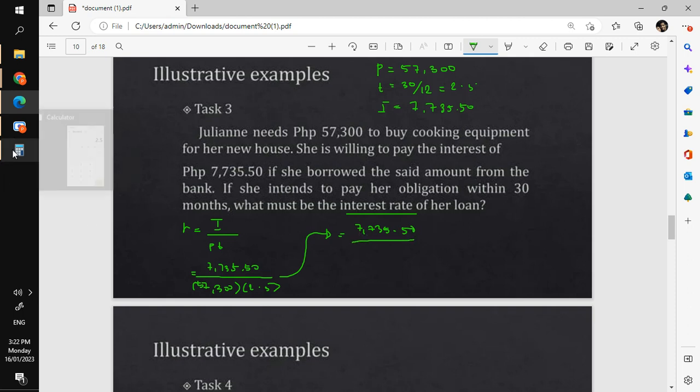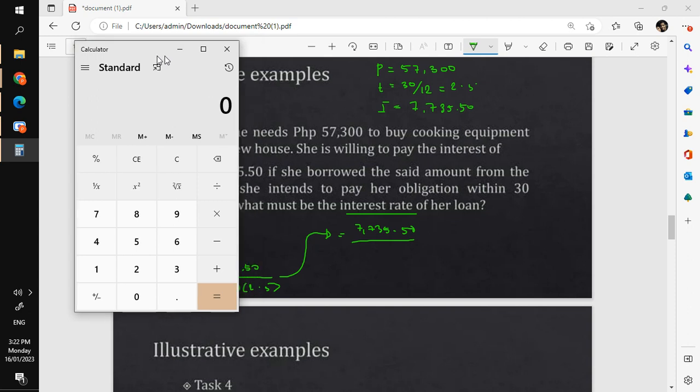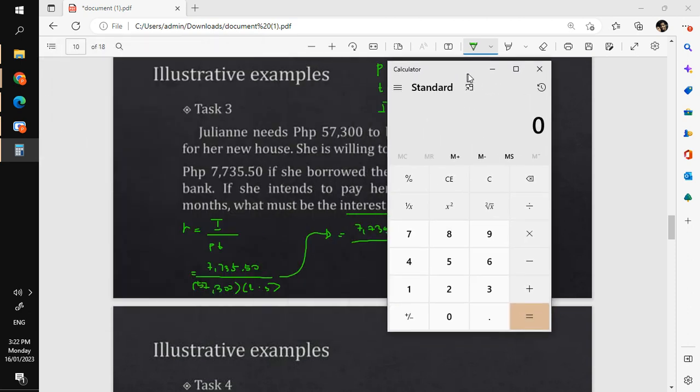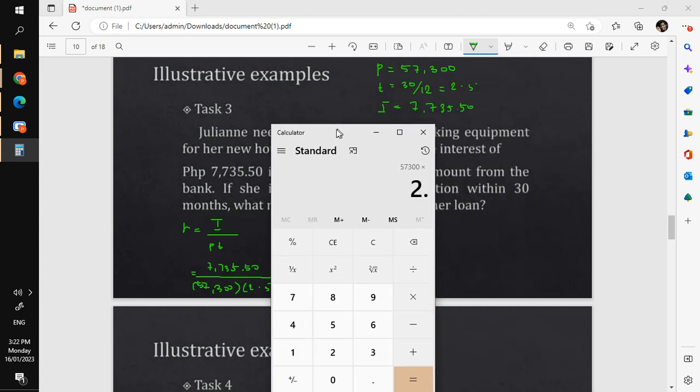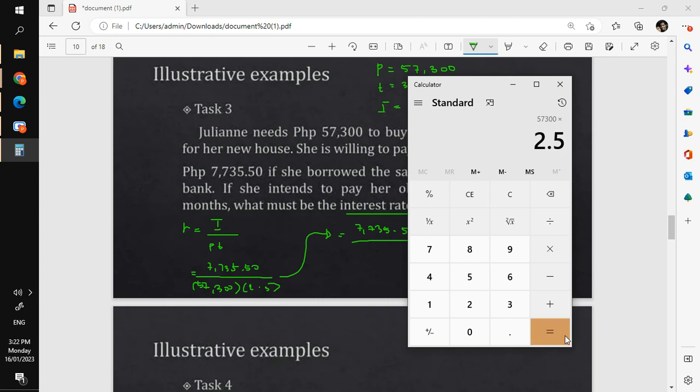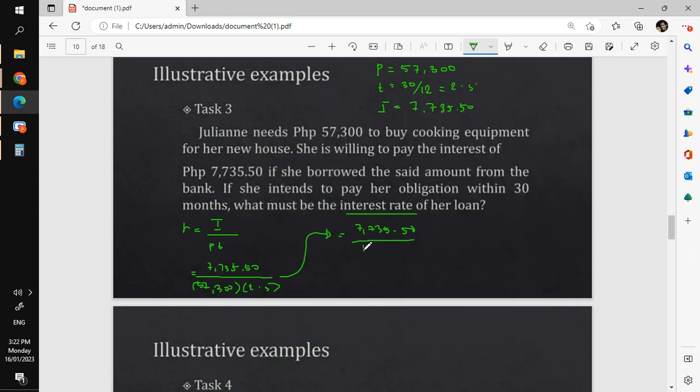So continuing this one, this gives us 7,735.50 divided by, what is 57,300 times 2.5? That gives us 143,250.